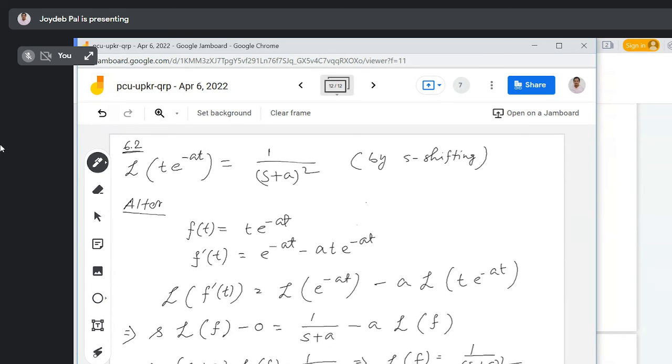Do you get it? What is the application of this derivative? मतलब ये differentiation कहाँ पे use हुआ? Yes, sir. देखो by s shifting you can write it directly, but there is another alternative way. By using differentiation of function you can find the Laplace transform.